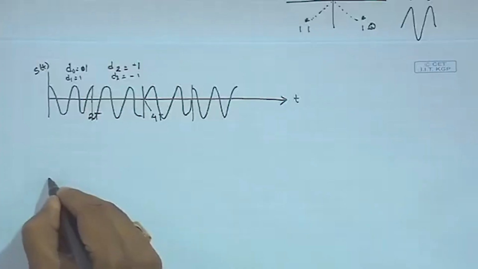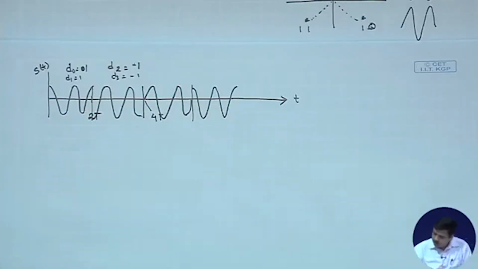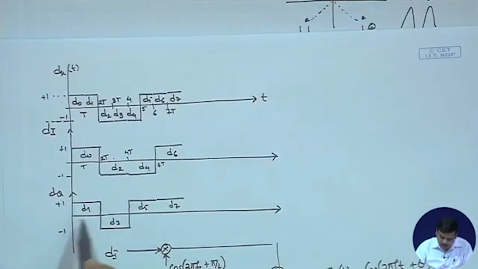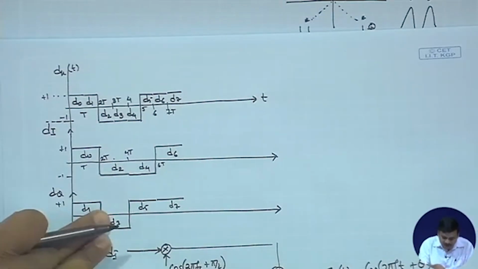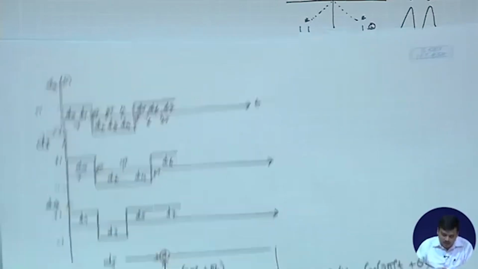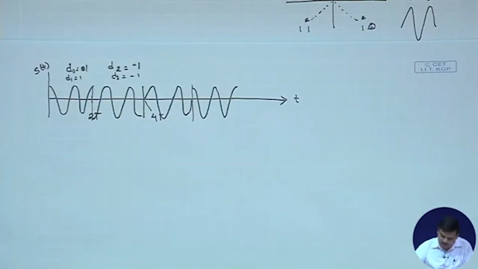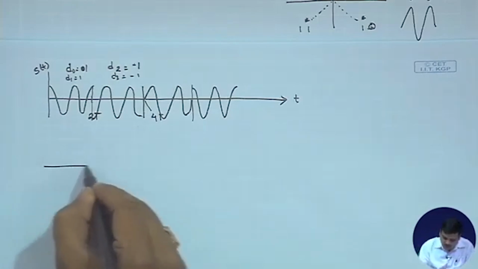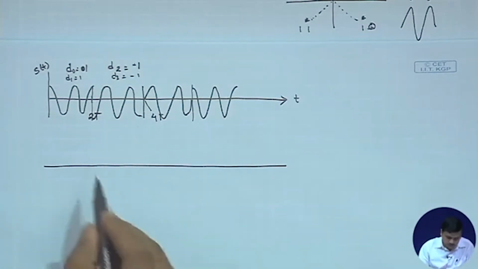So, to avoid this, some minor changes could be done. Instead of doing this kind of a waveform, we could say, why not stagger this, or shift this a little bit. If you shift this a little bit, the waveform that you would get would look like this.